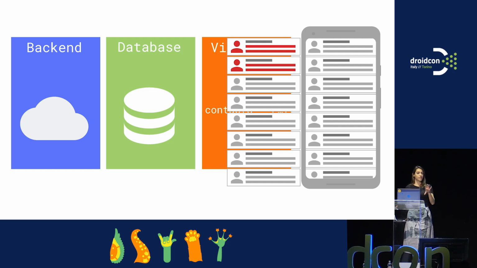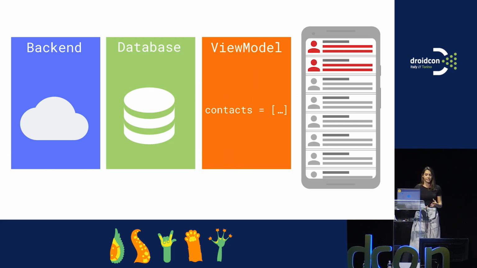We save those items in the database. But because in our case we're interested in all of the contacts, the database LiveData or observable will emit the entire list. Then this list is passed to the view model. Then the view model passes this to the activity, and then the adapter nicely animates the changes, and our new items are added.